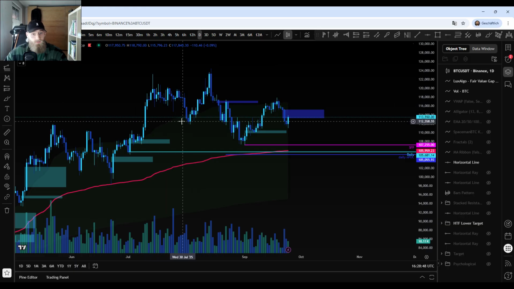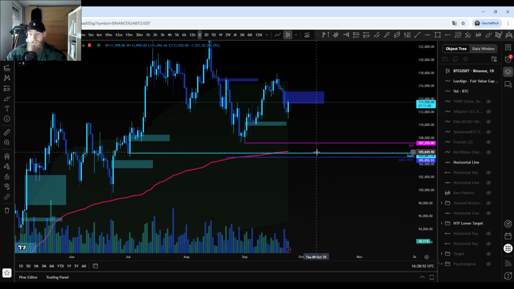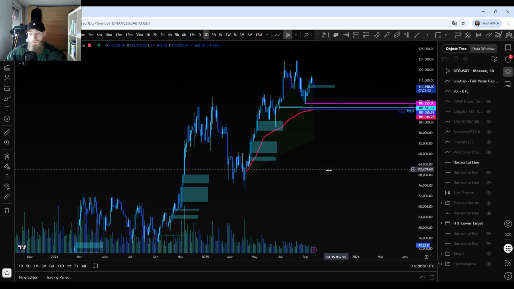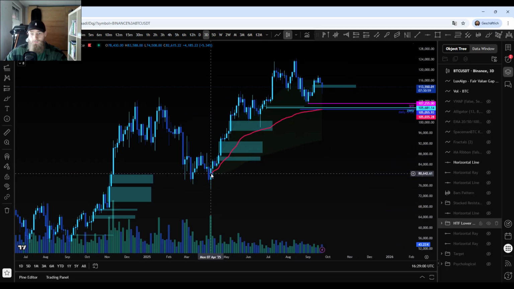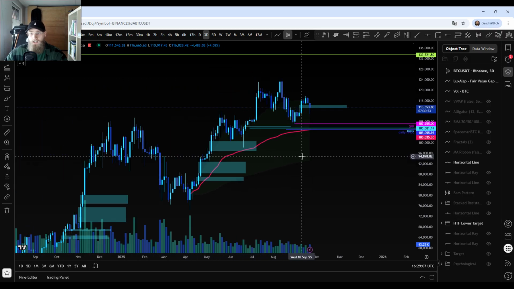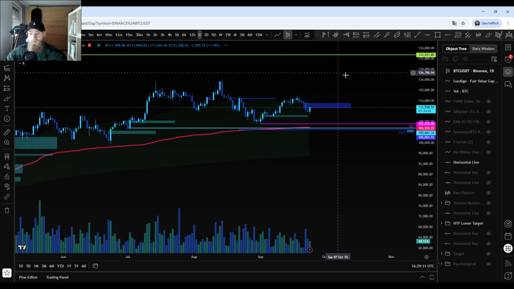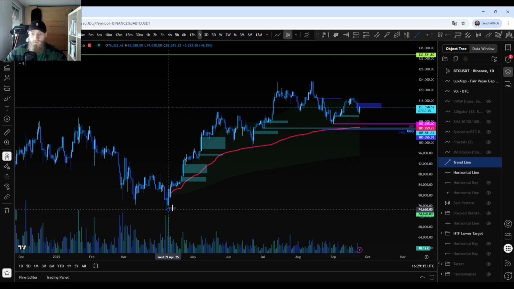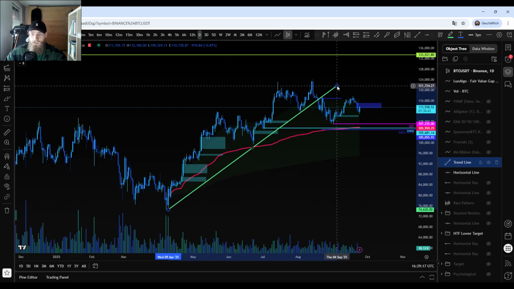And it aligns beautifully with this daily support, untested daily naked point of control, and this anchored VWAP from here, from the start of the uptrend. And the anchored VWAP is an indicator that I really like as the uptrend confirmation. Many people are using trend lines. I'm not a huge fan of doing this, just connecting the pivots.